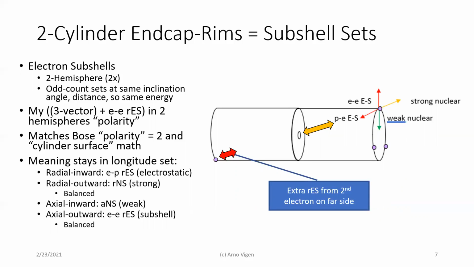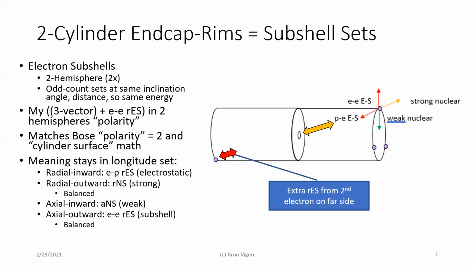They are odd counts, which I'll explain a little later. And that way, all of those electrons are at the same inclination angle, the rim of the end cap of the cylinder, at the same distance. And so that combination gives them the same energy. And so electrons want to fill to those things.